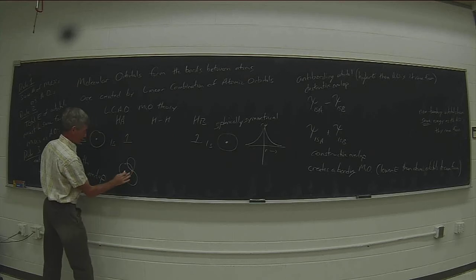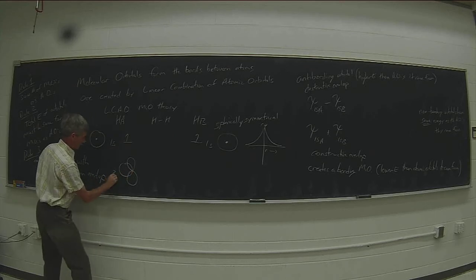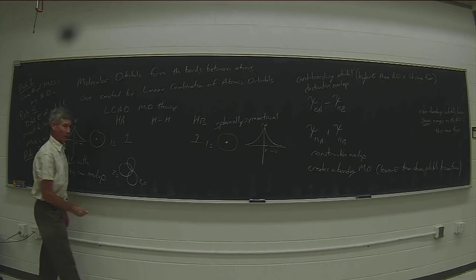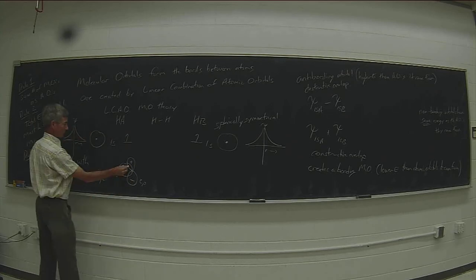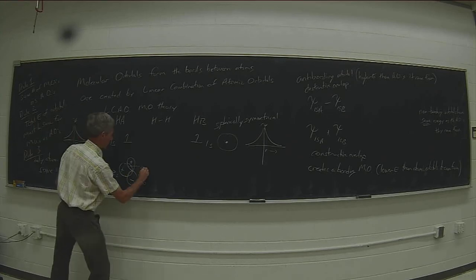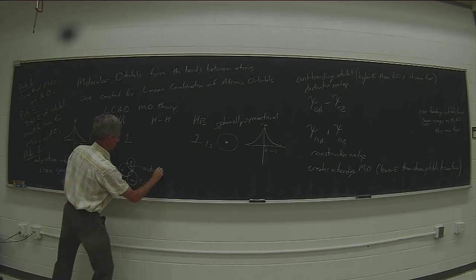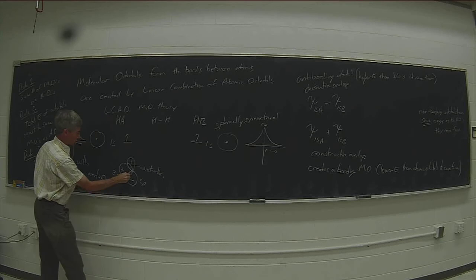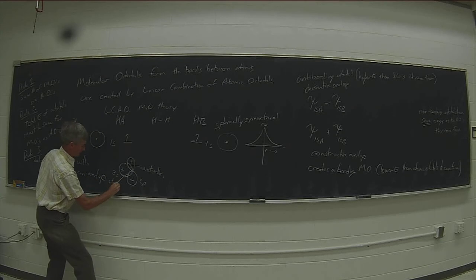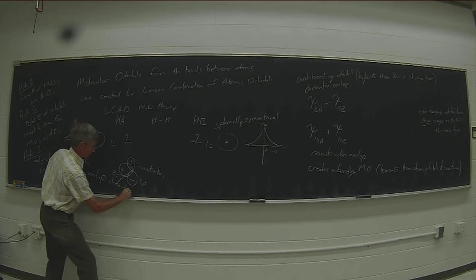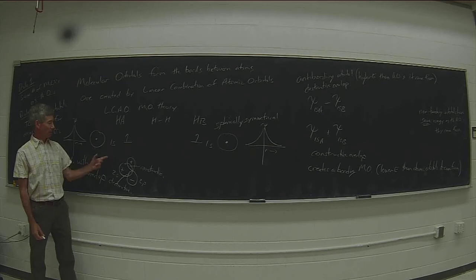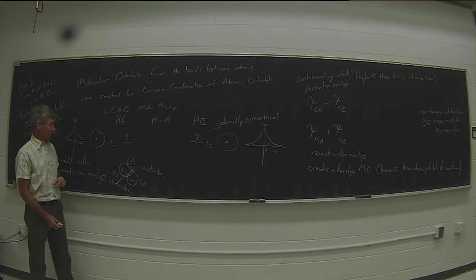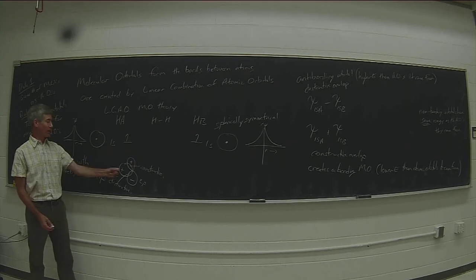Because if you overlap an s orbital with a p orbital, there would be constructive overlap here, but there would be destructive overlap here. So there'd be no net overlap possible for this p orbital that doesn't have cylindrical symmetry with respect to the bond axis versus the s orbital that does.